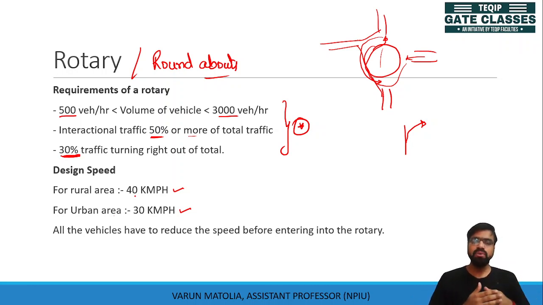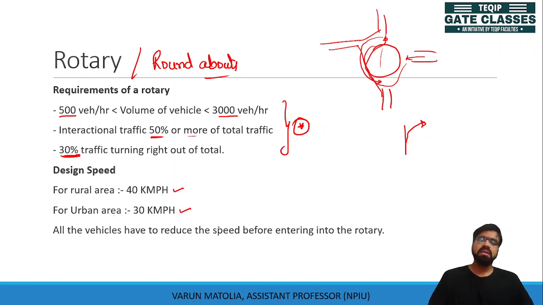So we try to reduce the speed in urban areas, but in rural areas the number of vehicles is less and the road width is also not much. So we can allow higher speeds in rural areas.